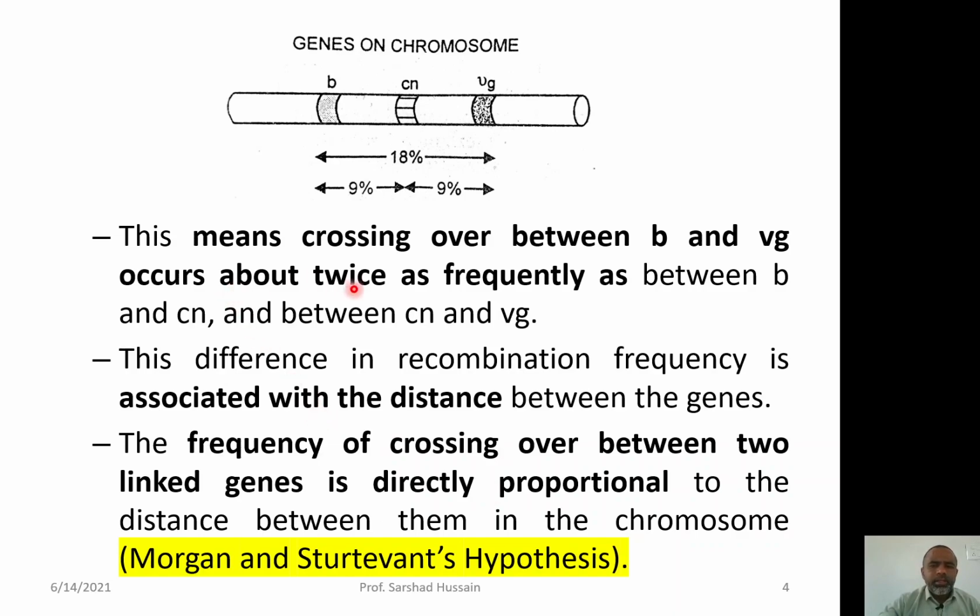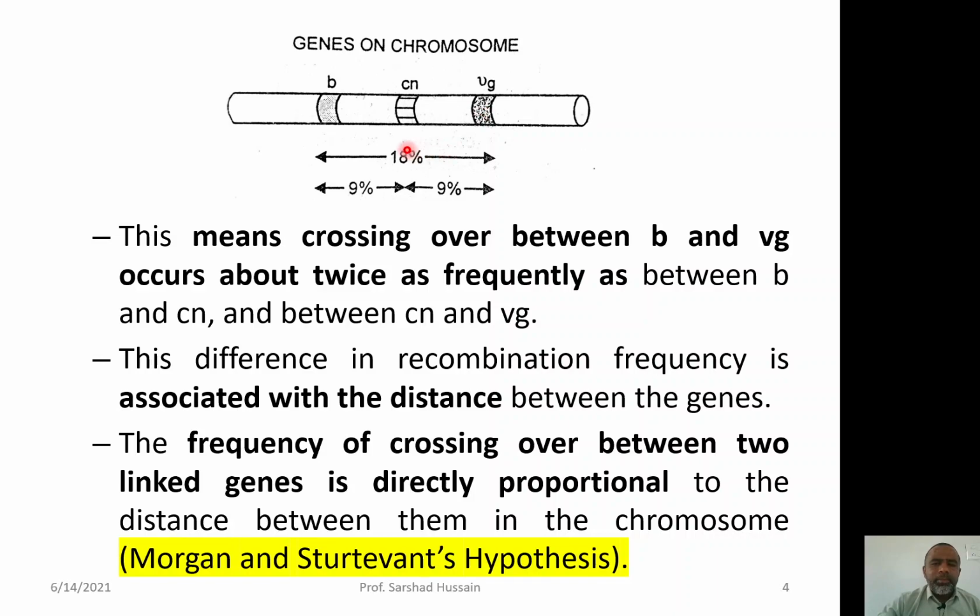Say for example, B and Vg has 18%, whereas the other two pairs have 9% each. It means that crossing over between B and Vg is about twice as compared to the crossing over between B and Cn, or between Cn and Vg.